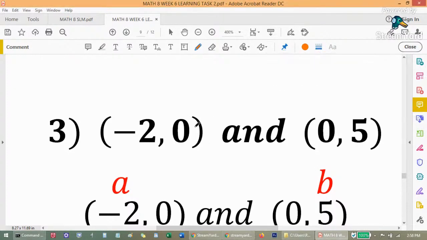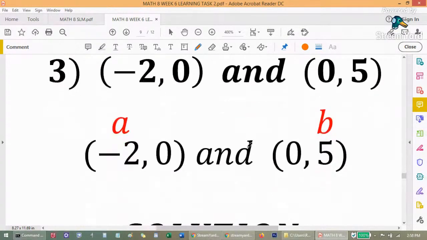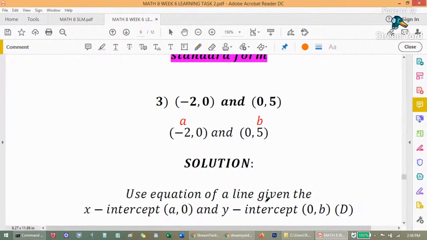So kung mapansin nyo, merong 0 dito. Pag may 0, ibig sabihin, those are the x and the y intercept. Okay?